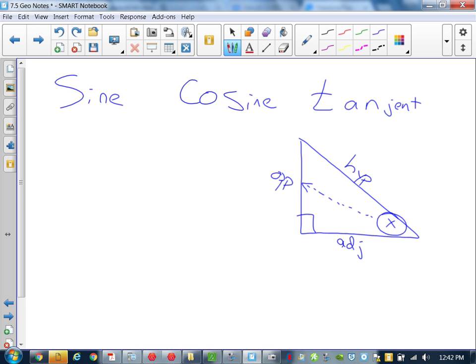That's how they're fully spelled out, but that's too many letters, takes too much space, buttons are small, so we just abbreviate them. Now, each one of these trig functions is nothing more than a ratio of side lengths, and that ratio for each trig function is different.